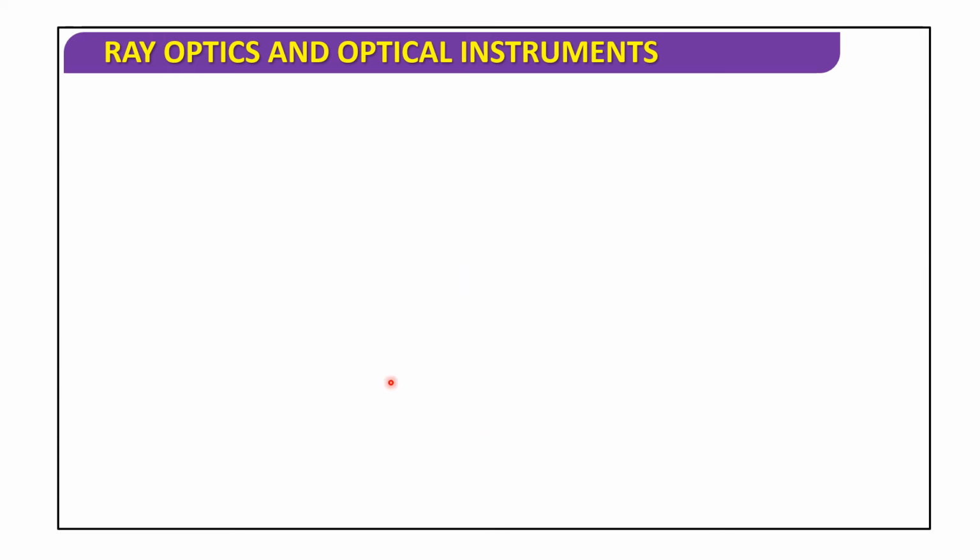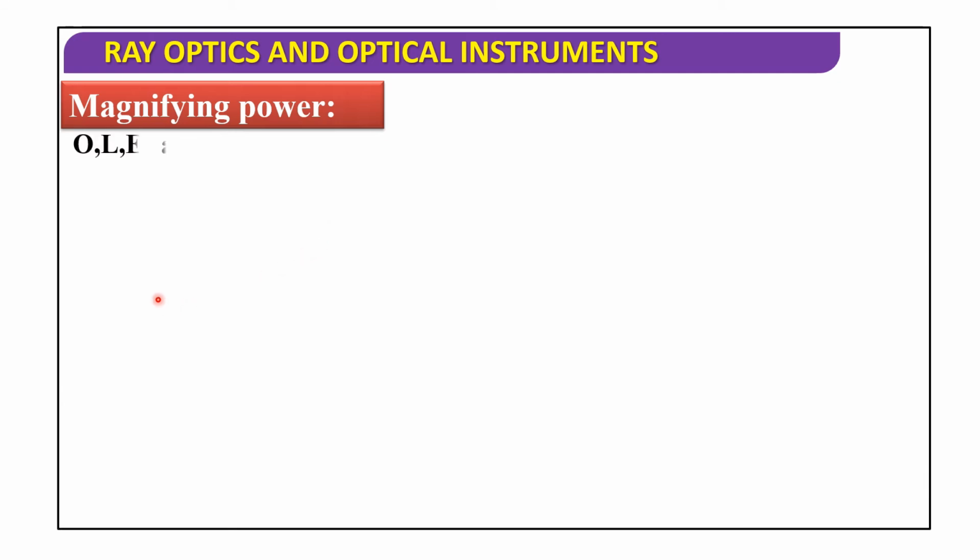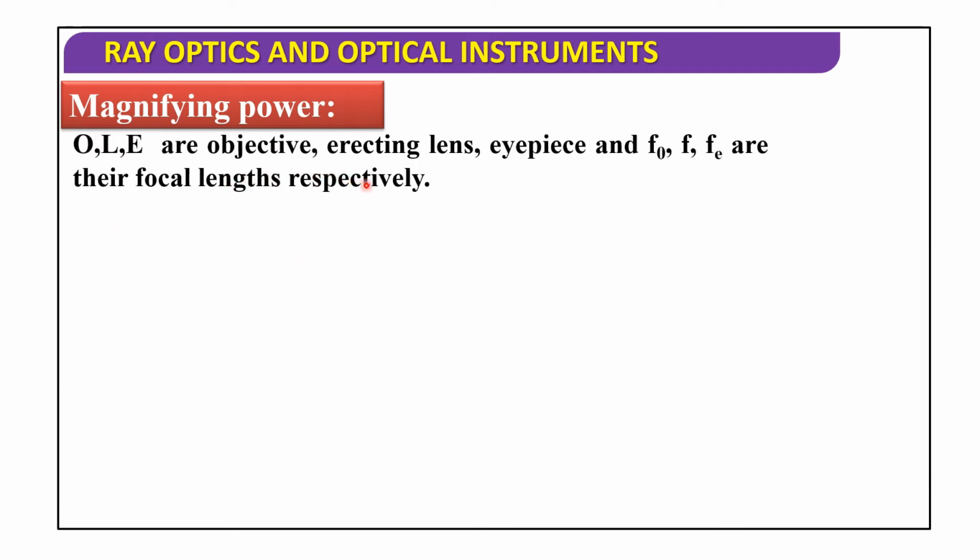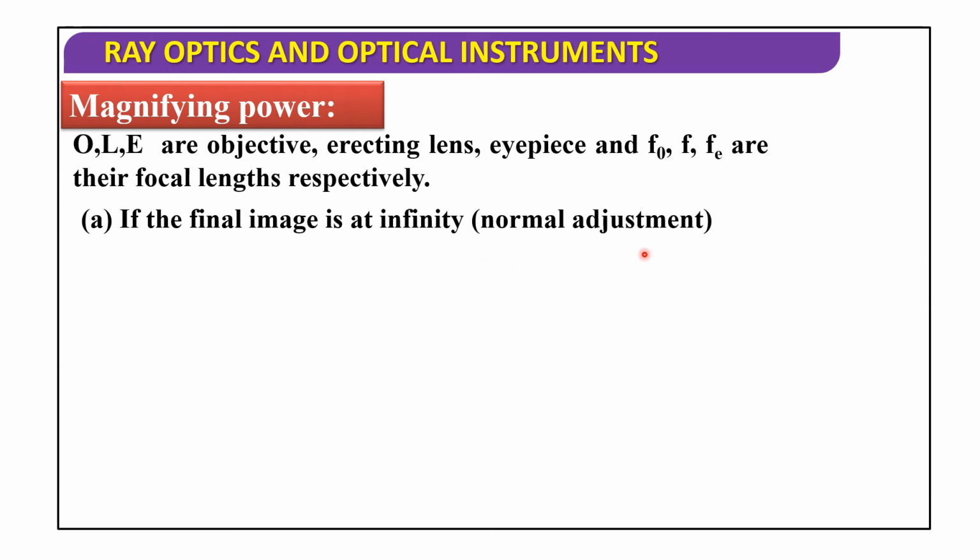I will discuss magnifying power. O, L, E are the objective, erecting lens, and eyepiece, and f0, fe are their focal lengths respectively. If the final image is at infinity, that is normal adjustment, m is equal to f0 by fe, and L is equal to f0 plus fe plus 4f.